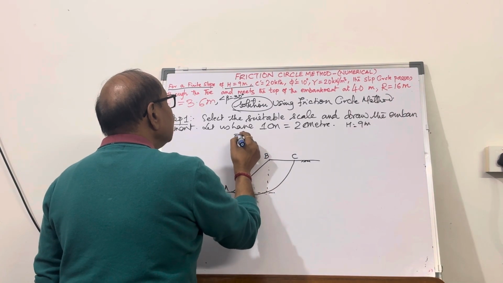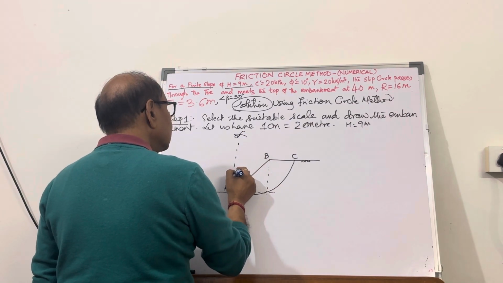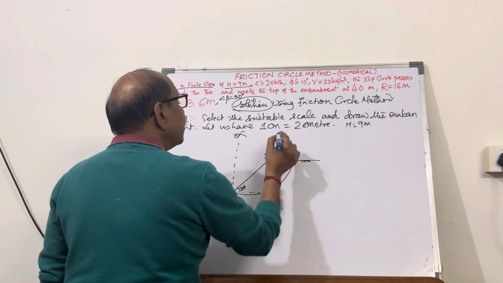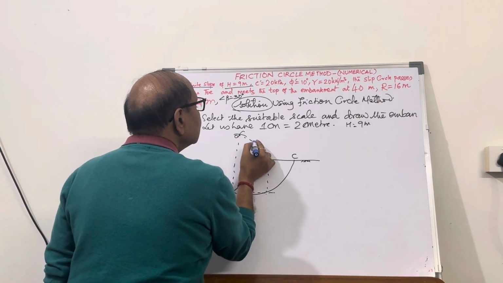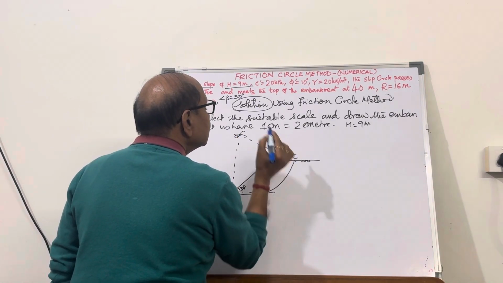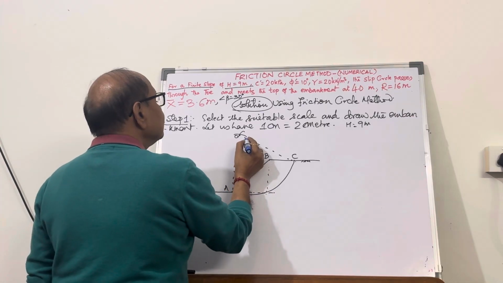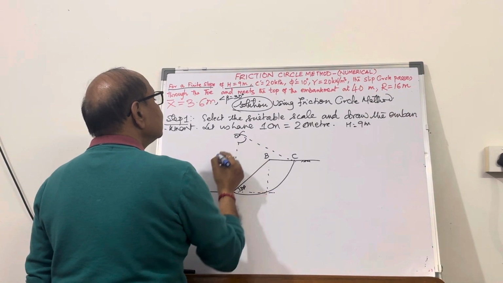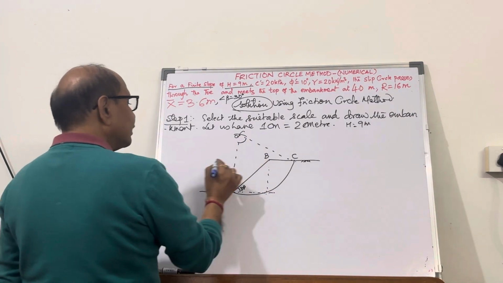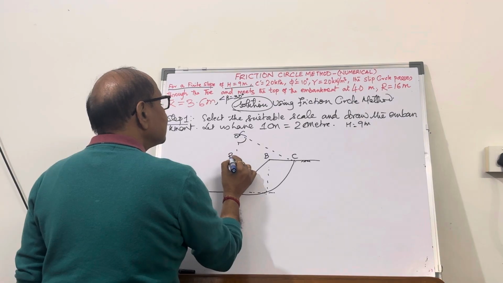Then you join O to A and O to C. So this becomes the central angle. And measure the central angle. This becomes the radius.